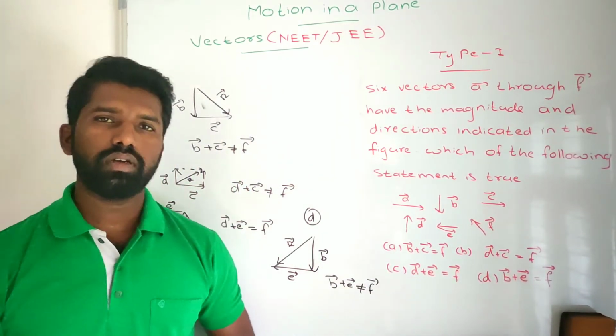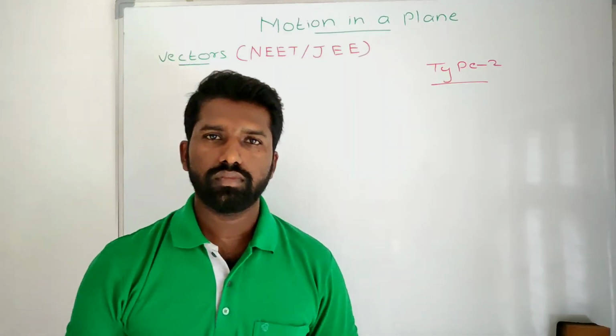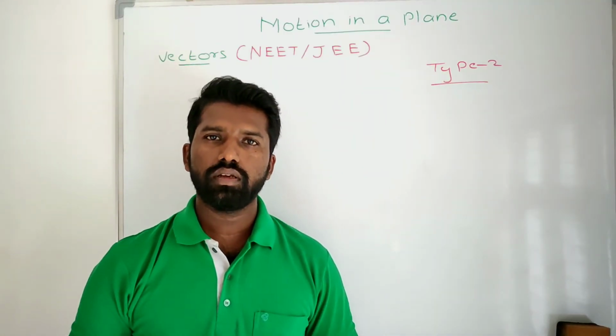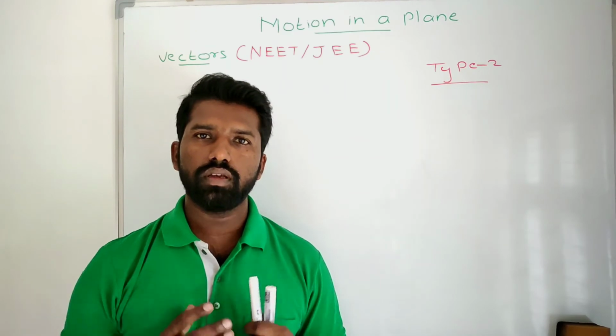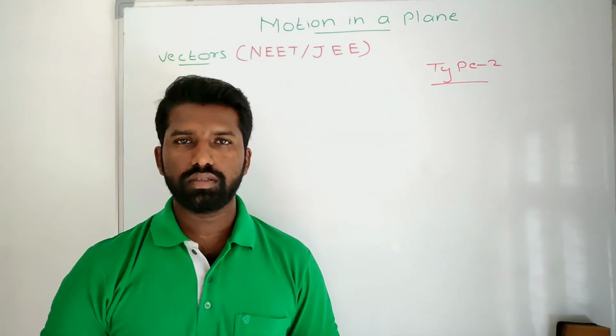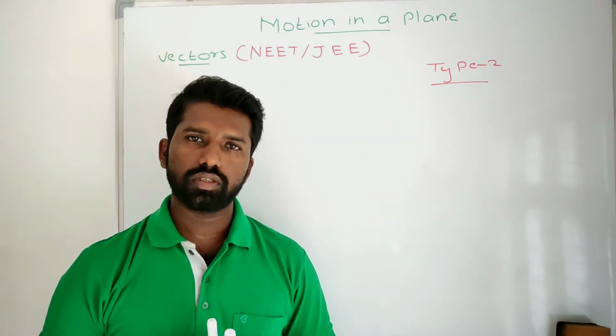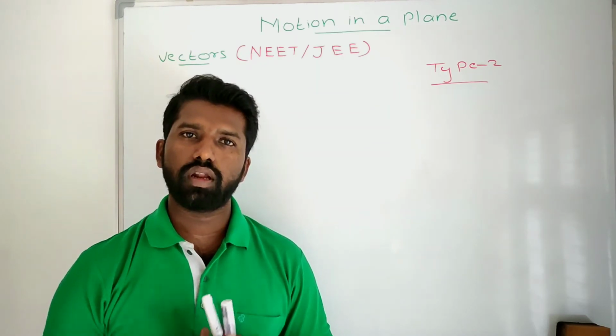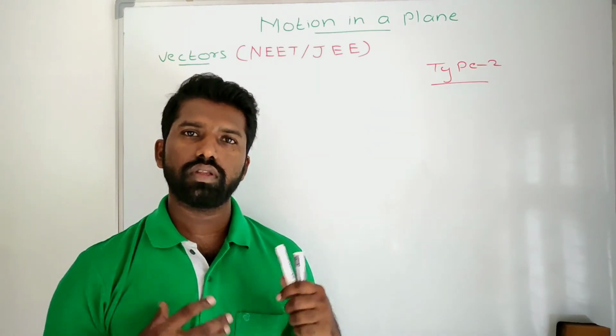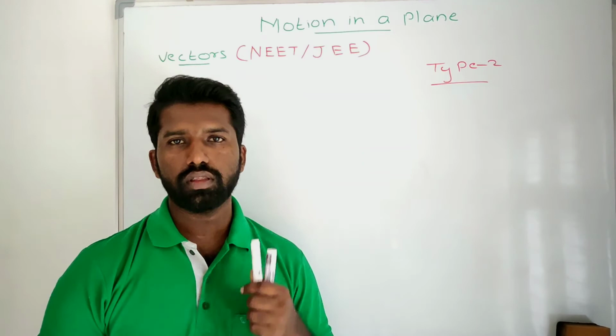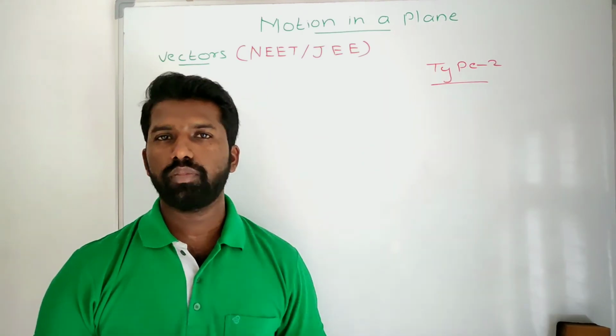Okay. This is about the type 1 problem. Now I am going to explain another type of problem. The problem is like this. If two forces have the same magnitude and the resultant also has the same magnitude of force, then what about the angle between them?